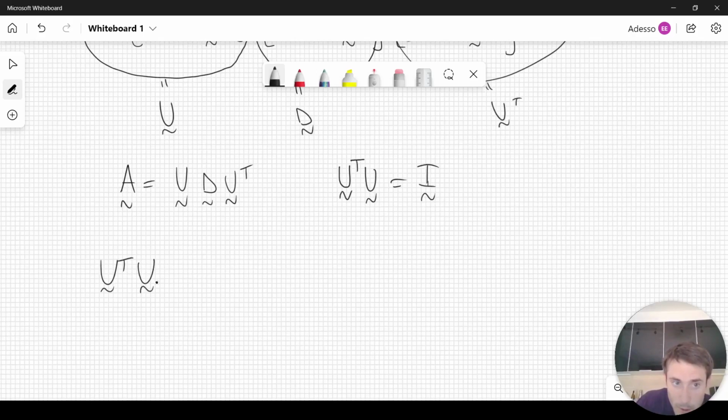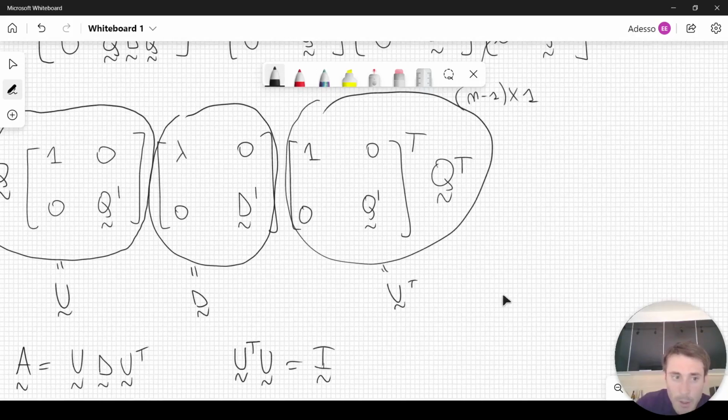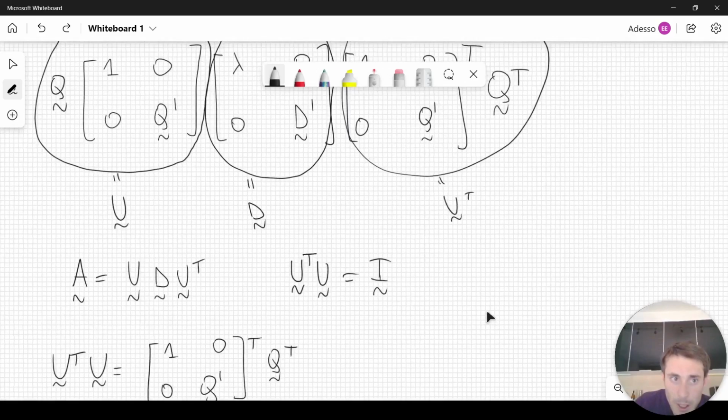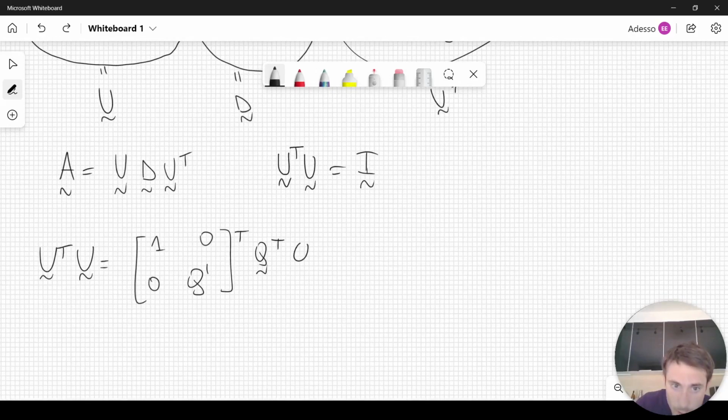U transpose U is simply equal to 1, 0, 0, Q prime transpose, Q transpose. So this is simply the transpose of this, and of course it's equal to this. And then we multiply by U. So here we have Q, and then we have 1, 0, 0, Q prime here.